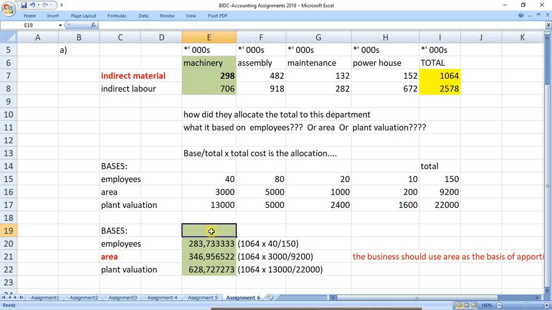No, those are just the workings that I had included. Okay, just so you can see where I'm getting it from.